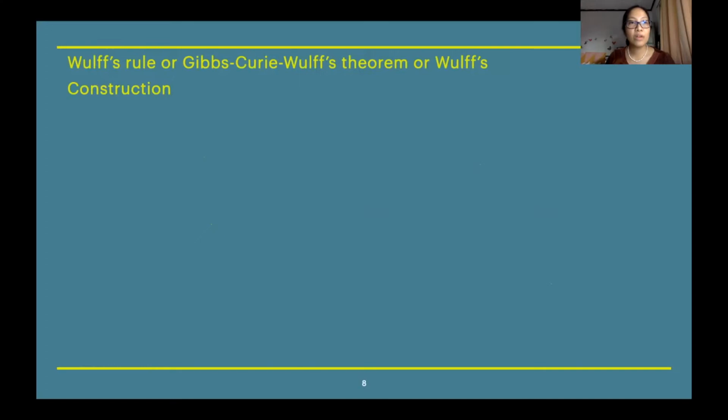So we go to Wulff's rule, or the Gibbs-Curie-Wulff theorem, or Wulff's construction. As a result, from the one we obtained in the previous slide, we have equation 1.25, showing the difference in the pressures of the crystal phase and the vapor phase, which is equal to 2 times sigma sub n divided by h sub n, the ratio of the specific surface energy and the height h.